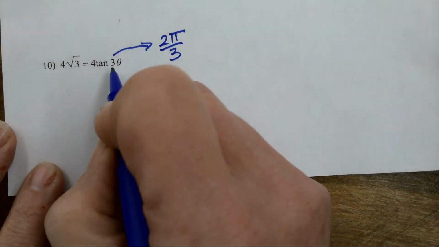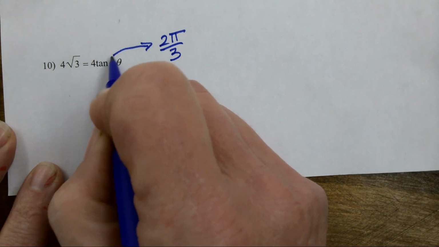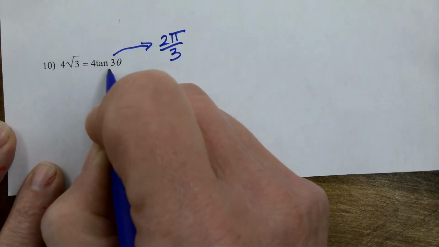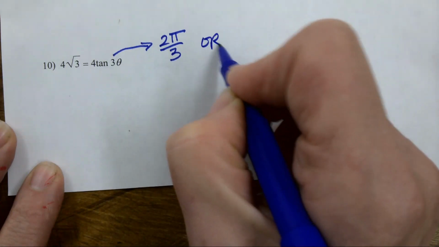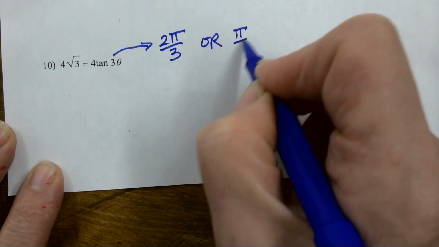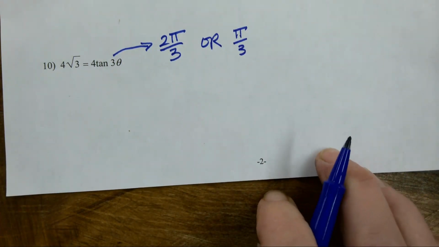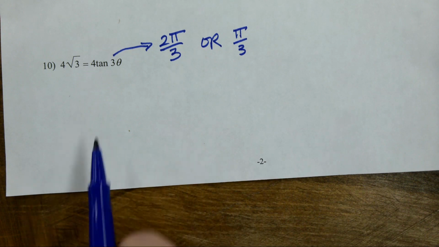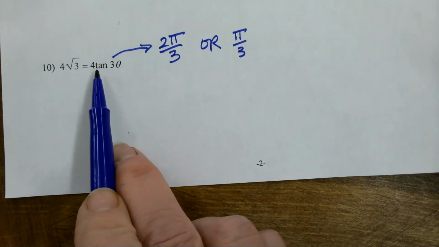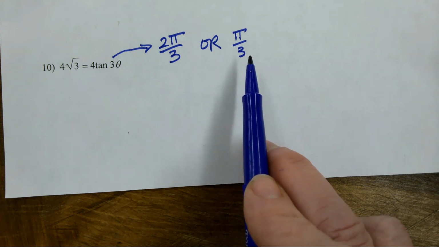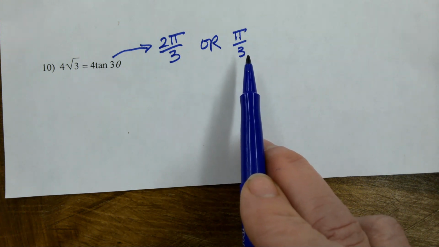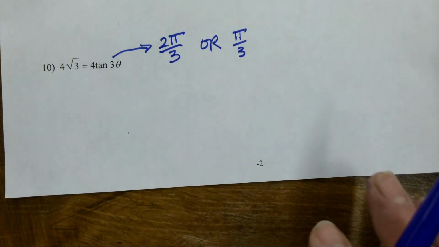Because this number in front of the angle will change how long it takes to repeat itself. Or because this is tangent, and it only works because this is tangent, I can take the first answer and add pi over 3. If this were sine and cosine, it wouldn't be the same, cosecant, whatever.